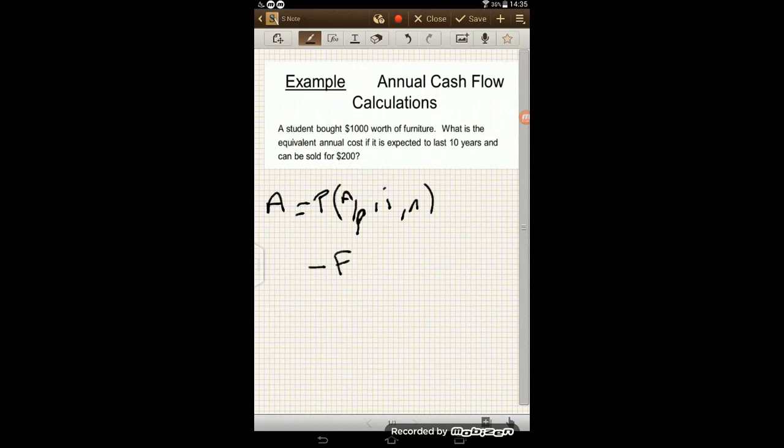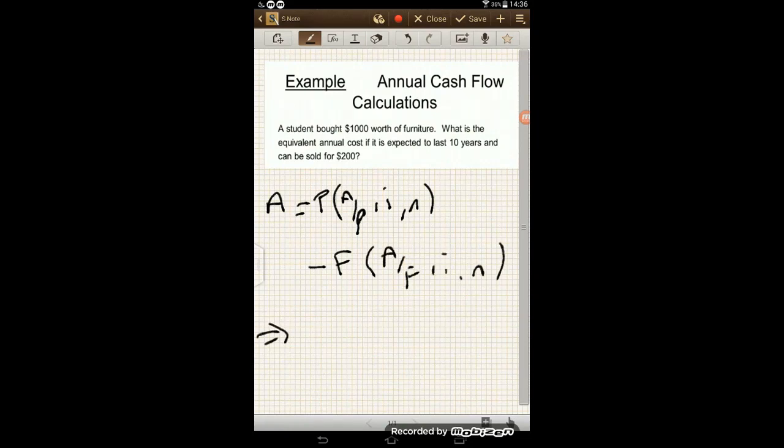If we take whatever you've spent as positive, whatever we earn is gonna be negative, so the future money value is gonna be negative, with A over F, i and n.